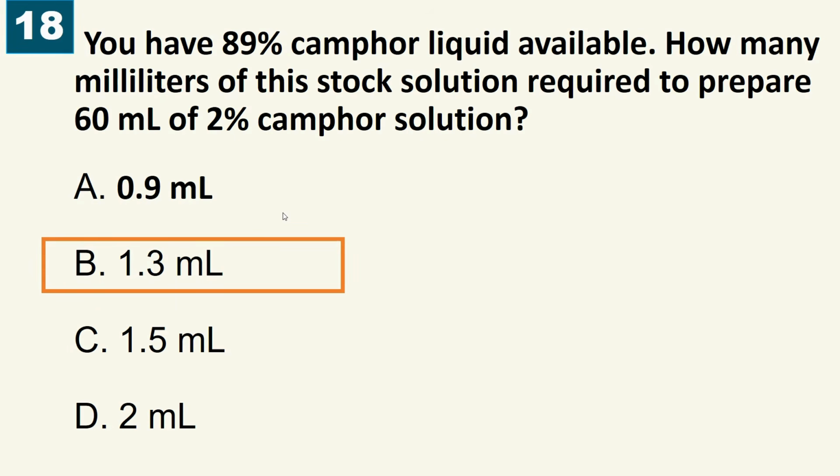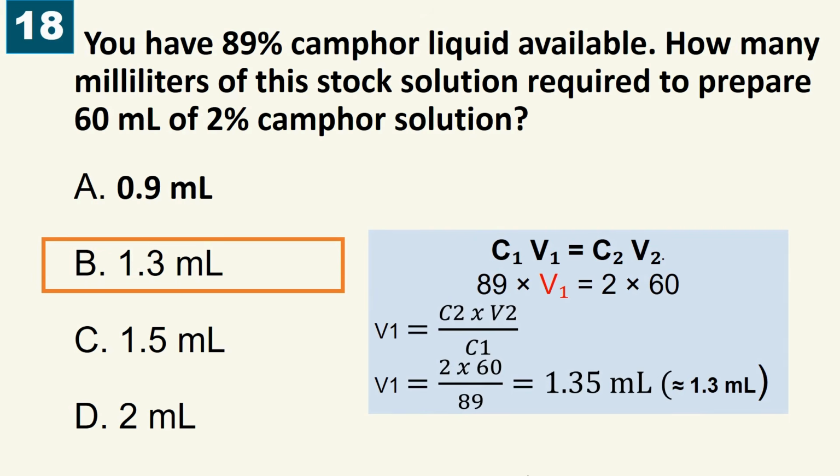So let's solve how to do this. This can be done by the dilution formula, that is C1V1 equals C2V2. Here C1 is the concentration of camphor, 89%, and V1 is what we have to calculate.